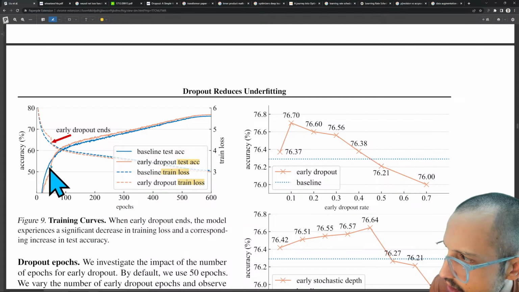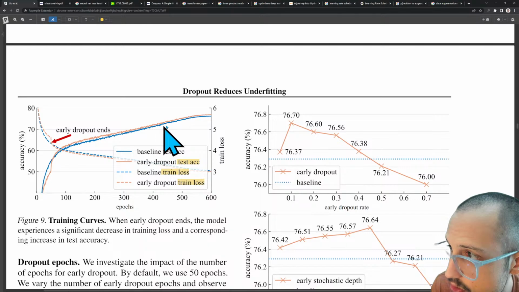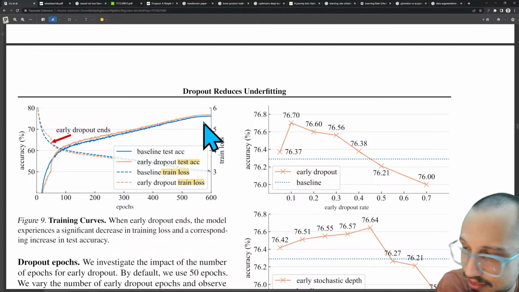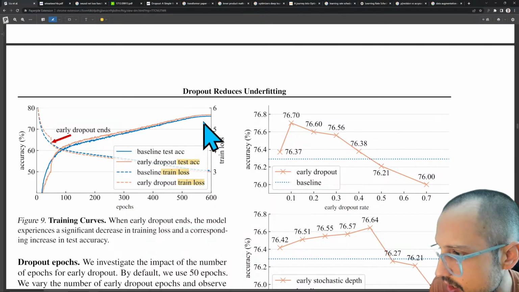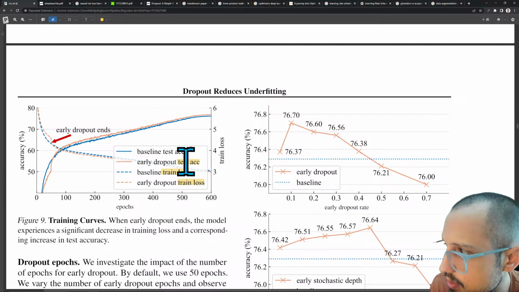So the main thing here that is useful or kind of worthwhile is the fact that this orange line is slightly above this blue line, right? And it gets there earlier. So all you really want is you want this test accuracy to be as high as possible. So the fact that with the early dropout, not only do you get to a higher test accuracy faster, but you also get to a higher like final test accuracy. That's a good sign.